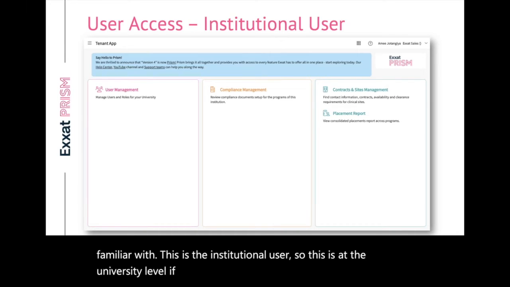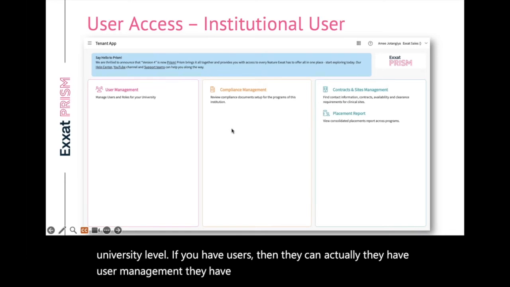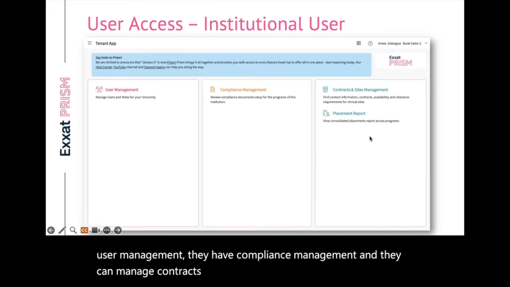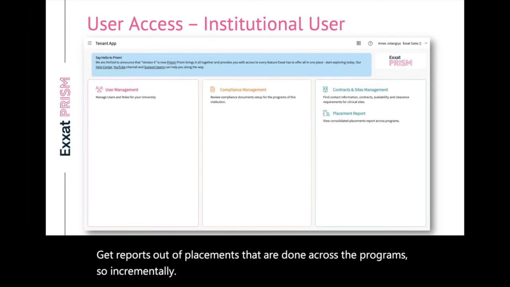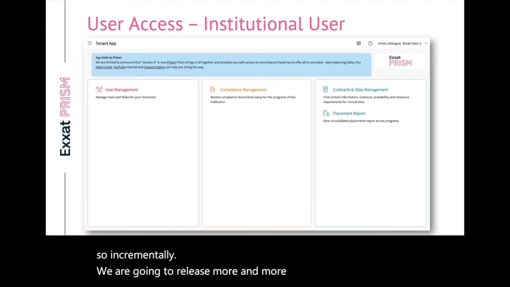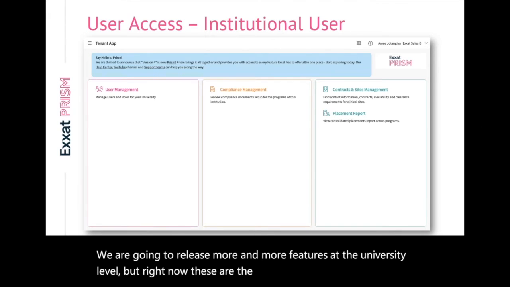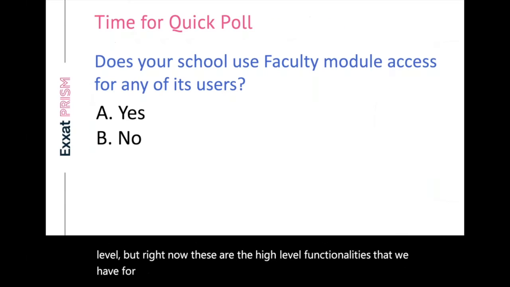They have user management, they have compliance management, and they can manage contracts and get reports out of placements that are done across the programs. So incrementally, we are going to release more and more features at the university level, but right now, these are the high-level functionalities that we have for the institutional user.